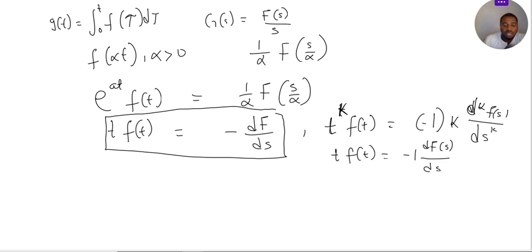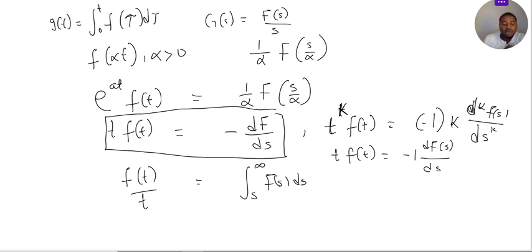So similarly, if you have the function of t upon t, and you are asked to transform this, this is simply the integral from s to infinity of f of s ds.